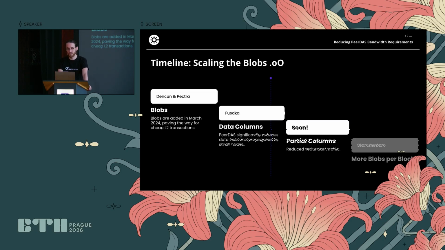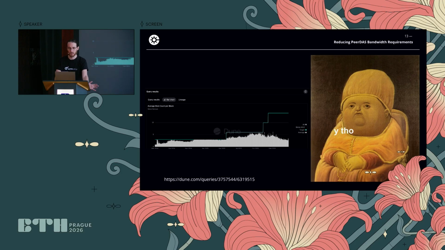But if you paid attention during Leo's talk, you know that it's actually not that urgent to increase the blob count. You might ask yourself, why though? And here once again, a visualization. It's a bit blurry, but here's a green line. The green line is the target, and you see the actual usage in the white area below. It's the same thing Leo showed you. Demand actually goes down right now.